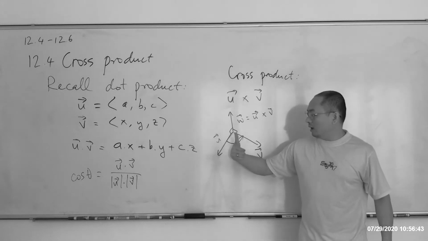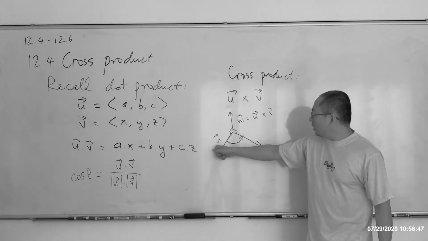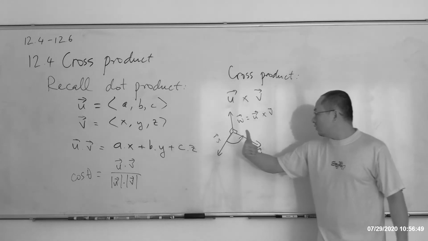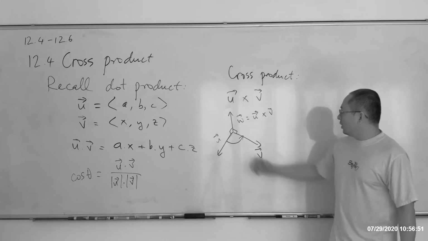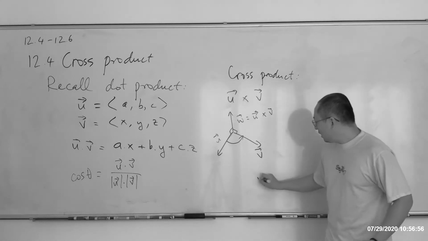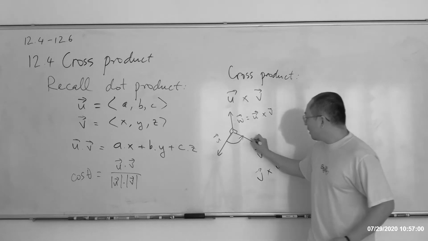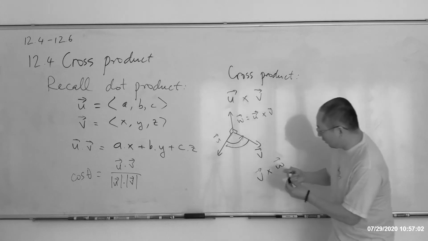Okay, U and then V up. So actually in here, order does matter. So start with U, you go in this direction. You got U, go to V, and you got W. What if you do V cross U? Now V first, cross U, you have to go this way. So it's going to follow this way.